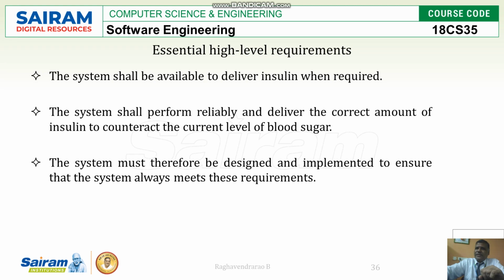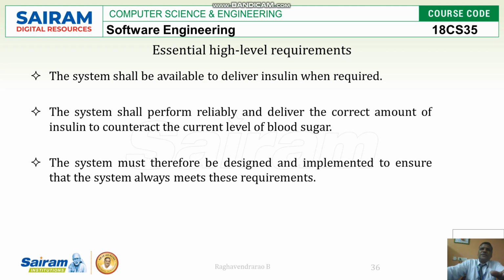Then it should reliably deliver the correct amount of insulin. If the blood sugar is high, you should not give any dosage; if it is low, you should calculate reliably, and the correct amount of insulin should be given.